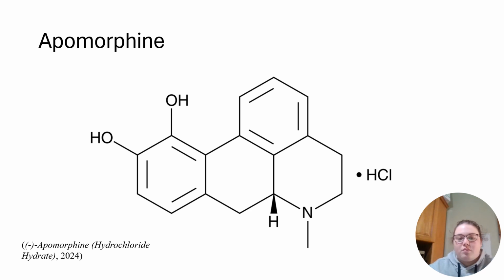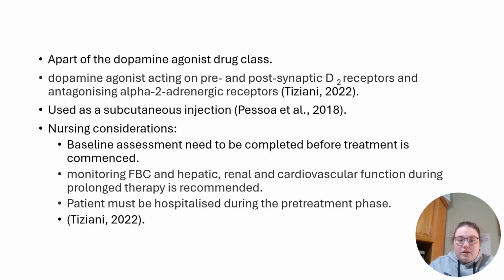When you look at the chemical makeup of apomorphine, this is what we're looking at. This drug is a part of the dopamine agonist drug class, acting on the pre and postsynaptic D2 receptors and antagonizing the alpha 2 adrenergic receptors. It is used as a subcutaneous injection, like an insulin injection, a very small needle just under the skin.